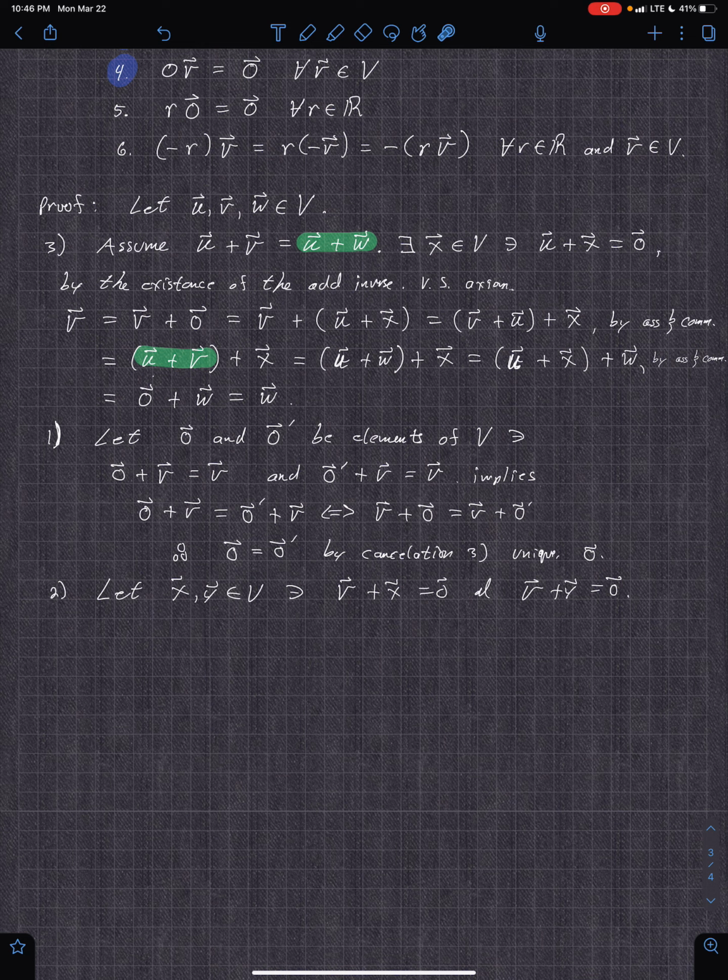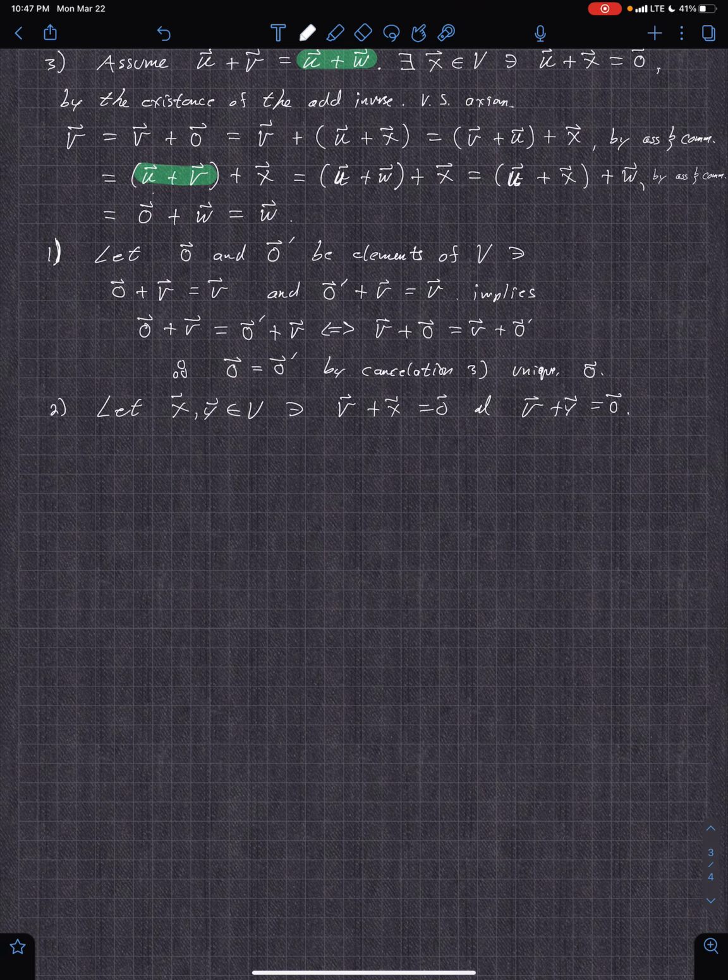Same idea here. You're choosing two different vectors in V, and they behave the same. This one plus that is 0, this one plus that is 0. Now we can use cancellation again to show that x equals y.